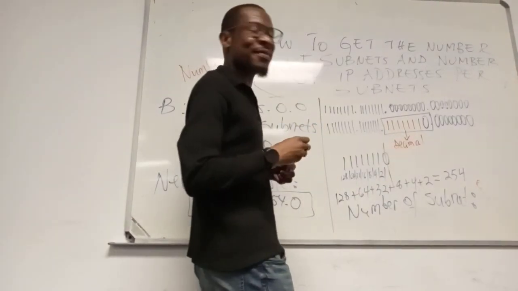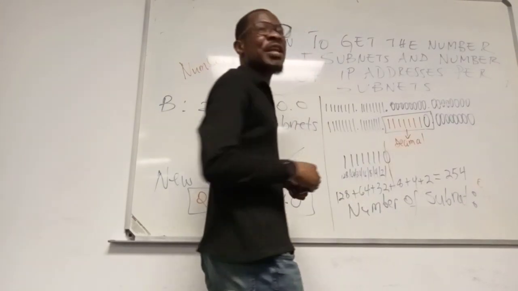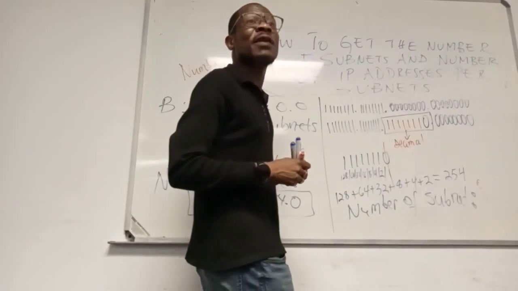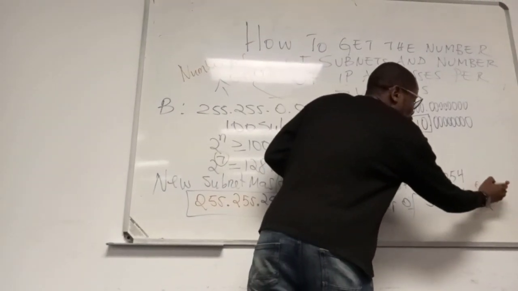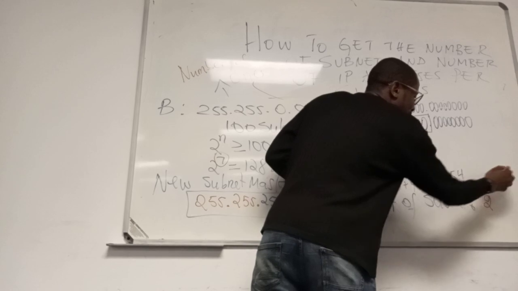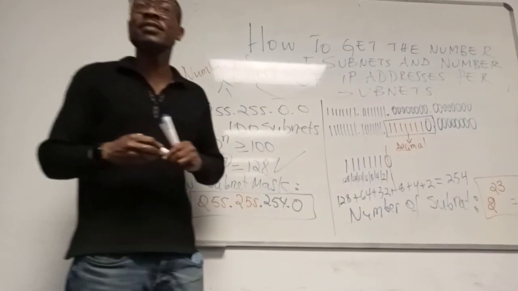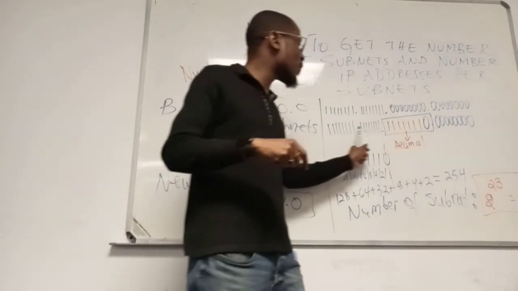How many ones? 8 plus 8 is 16, plus 7 is 23. Right? So you're going to do what? 2 to the power of 23. You put your answer there. Right? So you only count number of ones.